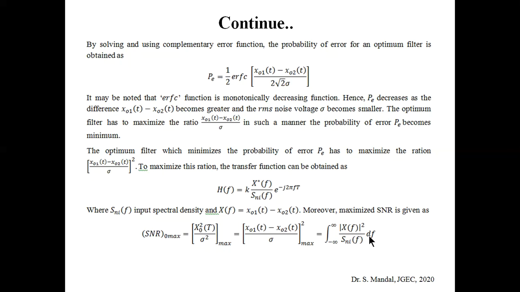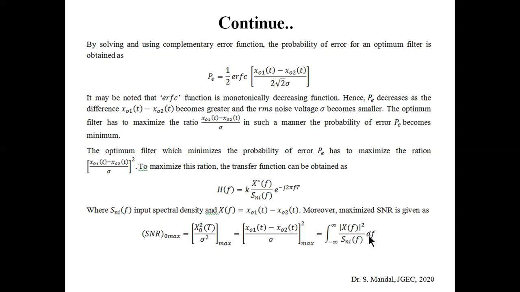Okay, so coming to the next point, the optimum filter should minimize the probability of error Pe. To minimize Pe, we need to maximize the ratio ((x01t - x02t)/sigma) whole squared. To maximize the ratio, the transfer function can be written using this equation: H(f) = K times X star(f) divided by Sni(f) times e to the power minus j2 pi f t.